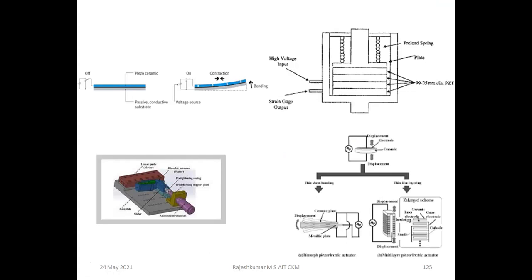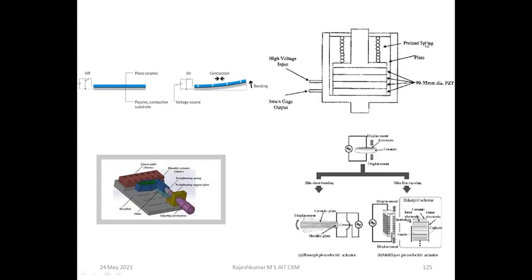It consists of layers of micrometer size, bonded together with the help of a metallic plate. A small metallic plate is placed in between. Here we get two different signals: one is a high voltage input and the other is the strain gauge output.